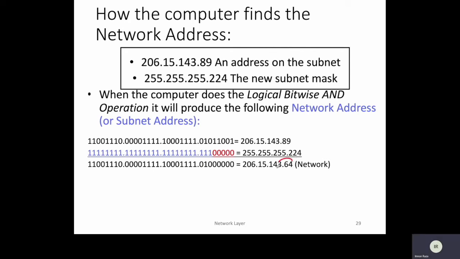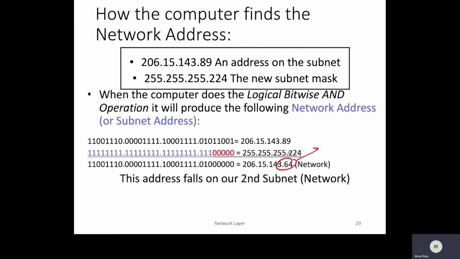So the router will forward this incoming packet to the subnet 206.15.143.64. This is why we use the subnet mask: to help the router do this logical bitwise AND operation on the destination address of the incoming packet and the subnet mask we have calculated and provided, to determine to which subnet this packet will be forwarded.